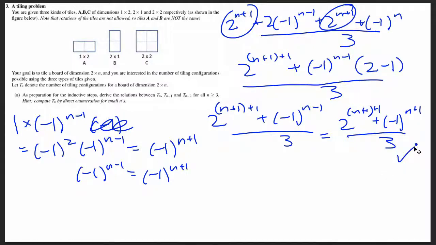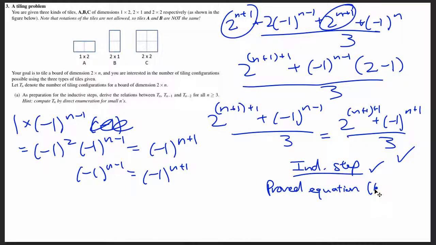And we've proven our inductive step. And therefore, we proved the equation for part B that I didn't provide. Excellent. All right. That is it for this problem. Let's move on to problem 4.